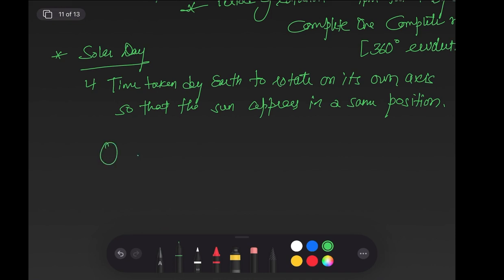This is the sun, this is earth. Today earth is here, tomorrow it will not be here. Tomorrow this position changes, day after tomorrow changes, then to complete one revolution, right?